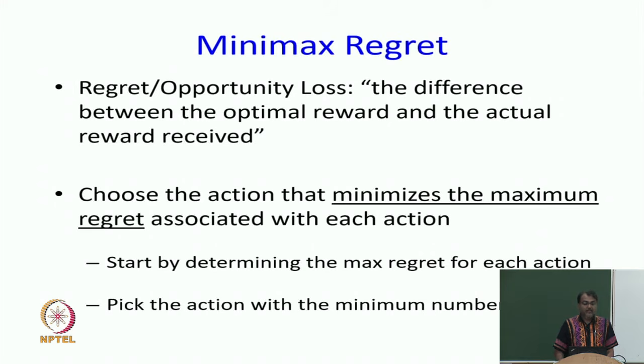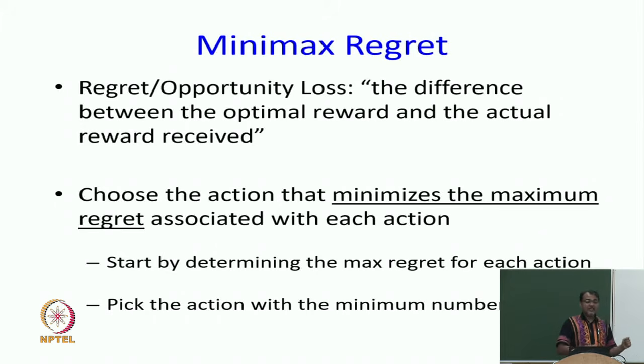So, the last one is minimax regret. So, what is regret? Regret means I took a decision and then I got to know that, oh, I could have made so much, and so I feel bad, oh, I made the worst decision, right. So, this is how humans are. They take a decision, later life gives them something else, and then they look at the history and they are unhappy, oh, why did I do that.